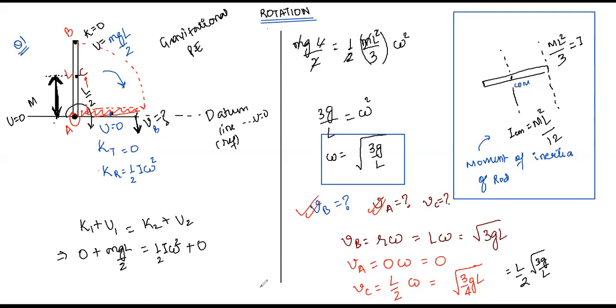Now, if you take this L by 2 inside the root, what will happen? It will become L square by 2 square, right? So is it the right answer or wrong answer? Tell me. Sir, it's right.